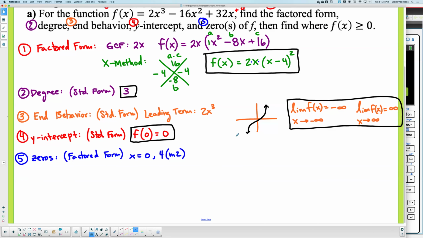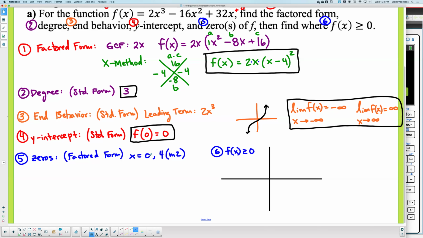So the last thing I'm going to do is show you a more full sketch. Now that I have all these details, we can add in a more full sketch. So I want you to add an x and y axis. And I'll put this as 6. I want to know where f of x is greater than or equal to 0.